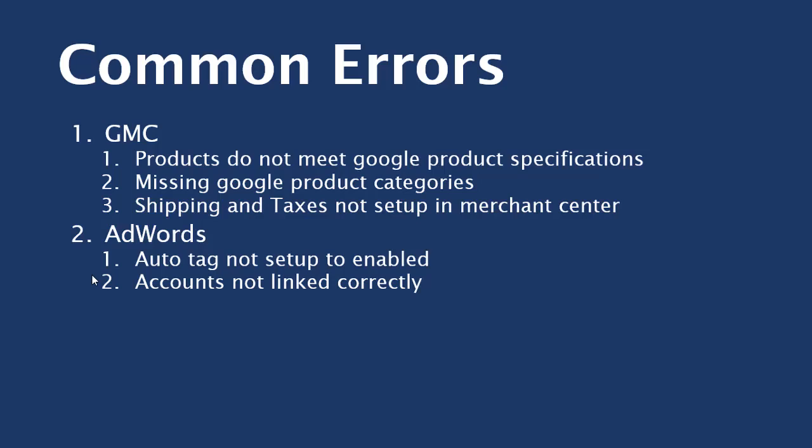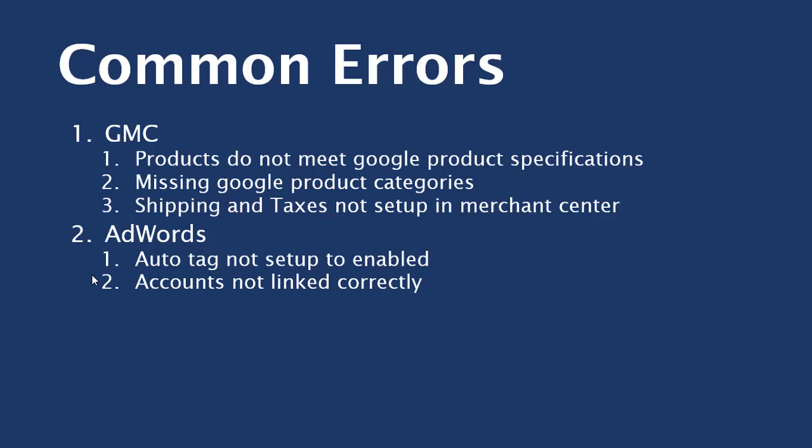So next is the accounts not linked correctly. It seems like a simple one, and in this example, I used the same email address for all the accounts, so they link very easily. However, if you have an email address that's different for analytics or different for Shopify, or have multiple email addresses, maybe multiple AdWords accounts, linking everything together, you can easily make a mistake.